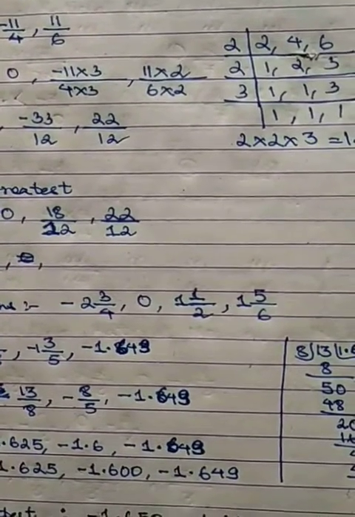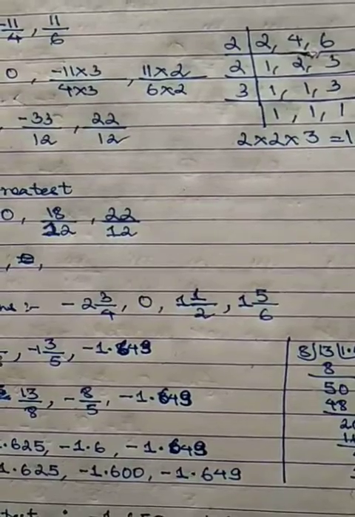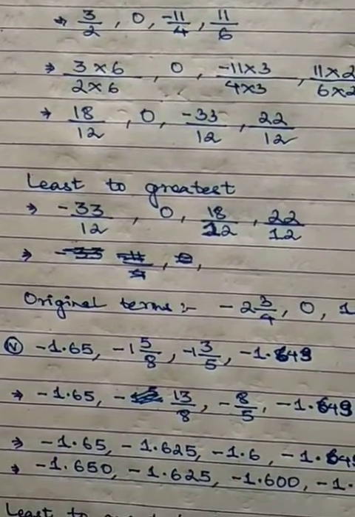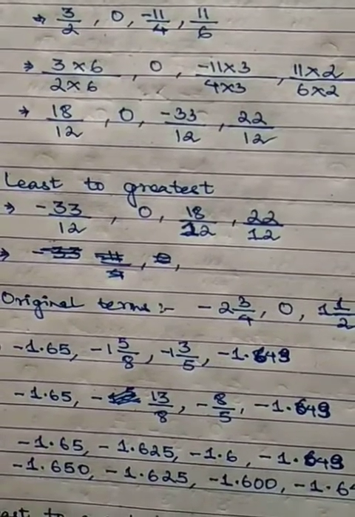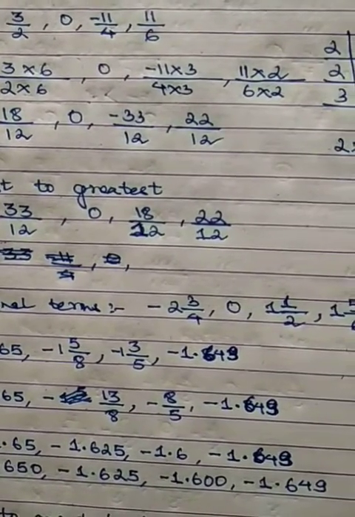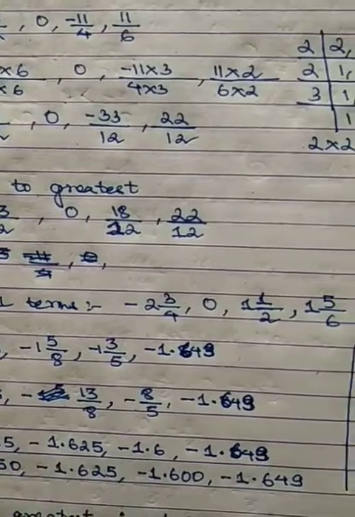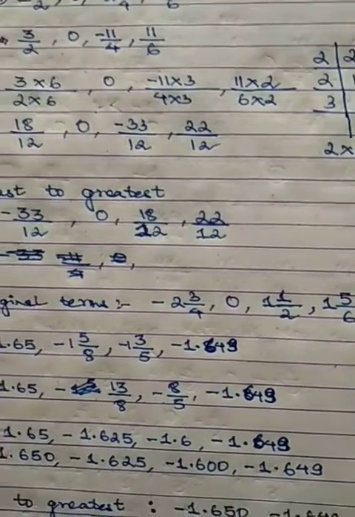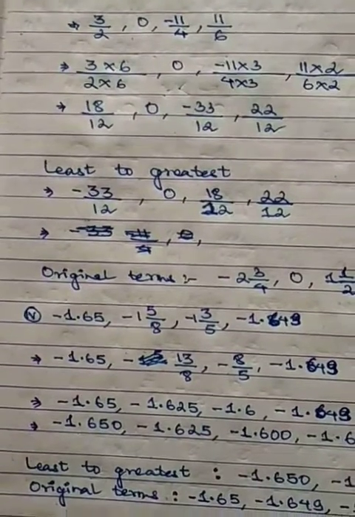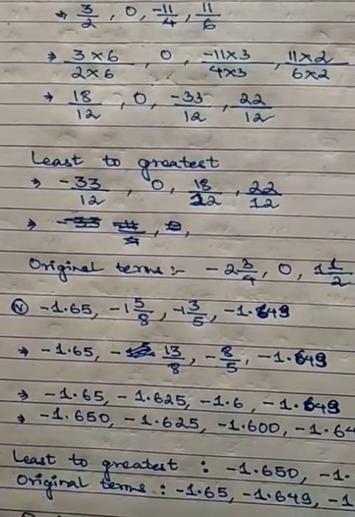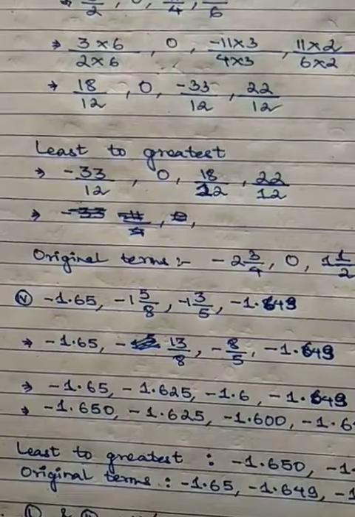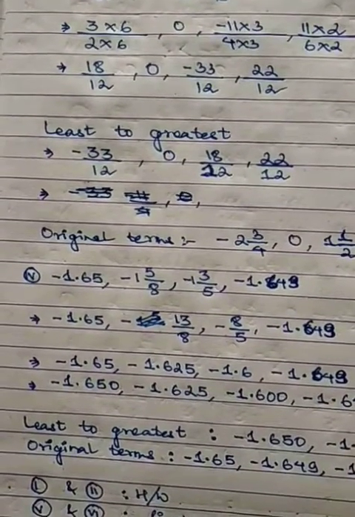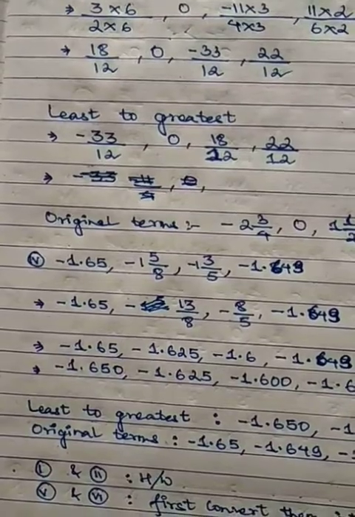Similarly, for the fourth term, 6 into 2 and 11 into 2. So after multiplying, we got the first term as 18 divided by 12, the second term remains 0, the third term is minus 33 by 12, and the fourth term is 22 divided by 12. So far, we have converted all the denominators to 12 and all the fractional forms to like fractions, so that it's easier for us to compare now.